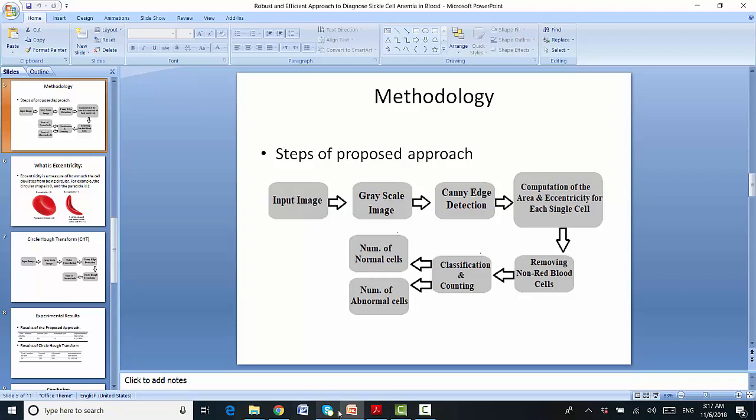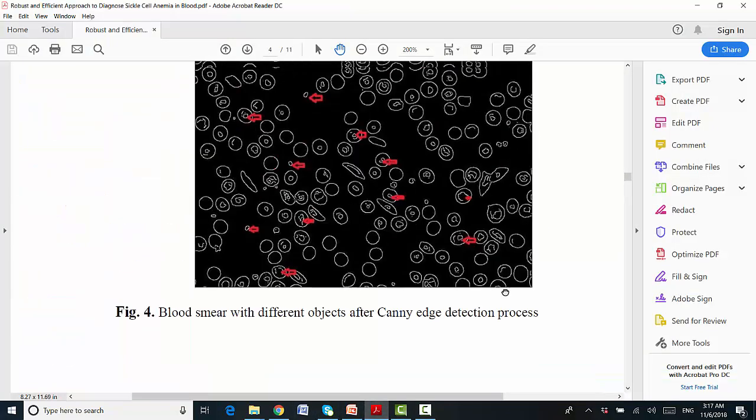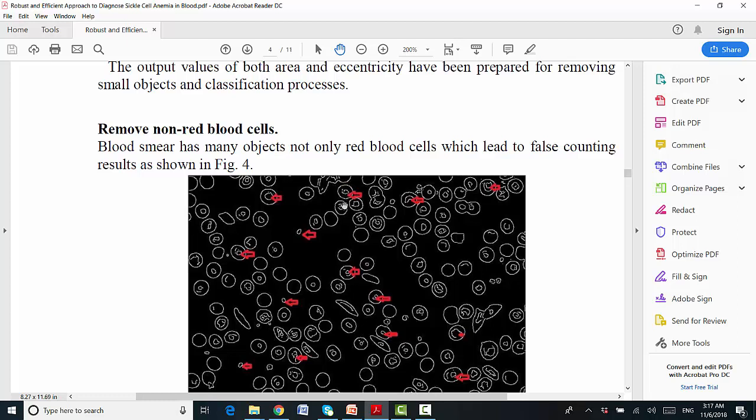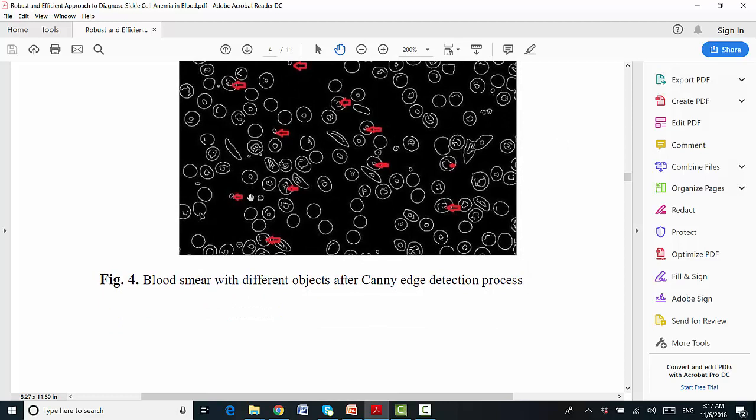If we go back to the paper, we see here we have these inner regions, because the cells are curvy and circular, but they still have an inner value, like the inner radius of these images. So how do we get rid of these? There are also some small cells, which are other components of the blood.